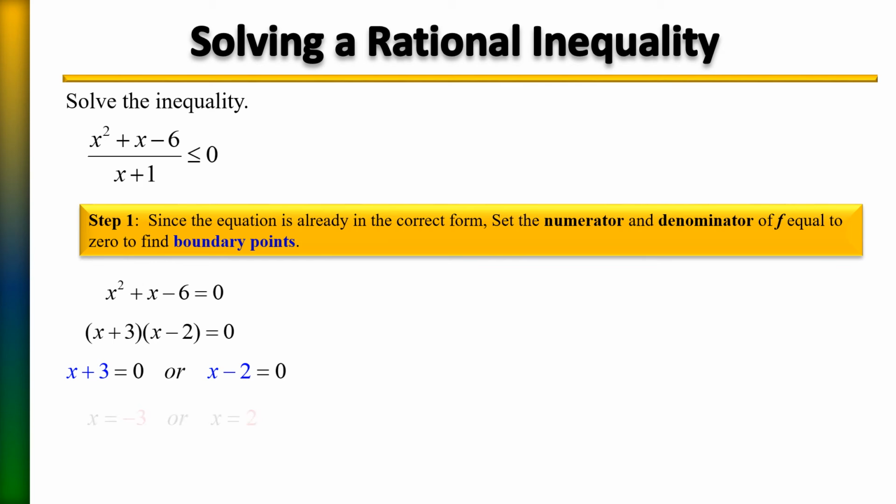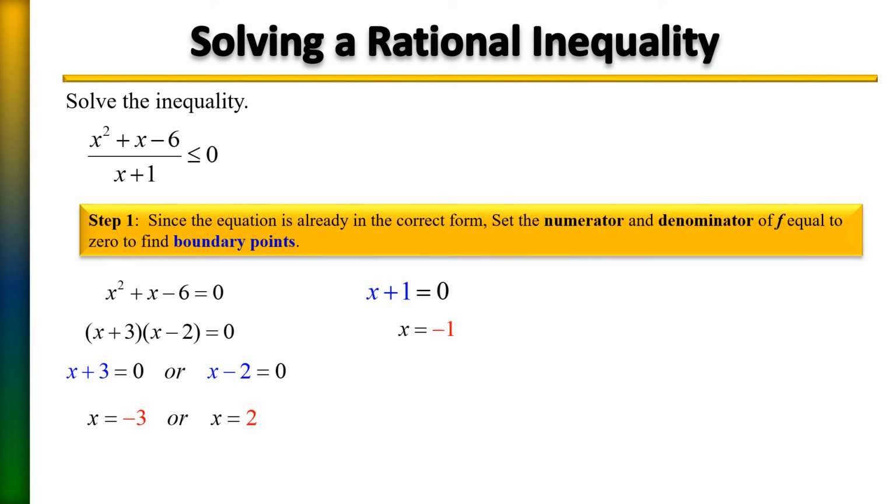And again, in this case, -1 cannot be a part of the solution because it would make it undefined. So whenever we get to the end, if -1 is one of those interval values, we have to make sure that we do not put a bracket around -1, but instead make sure there's a parentheses around it if it is part of an interval.